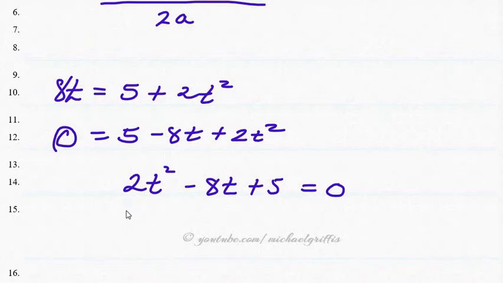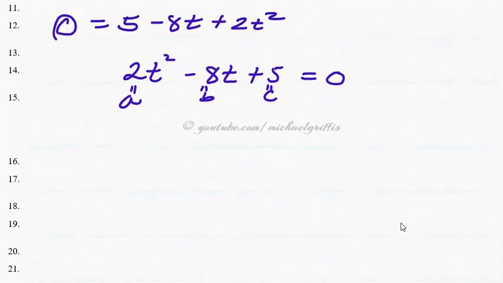We know that 2 is our A, negative 8 is our B, and 5 is our C. So now we can just plug it directly into the formula. Do you remember the formula? I brought it out of view, so you have to remember it now. We had negative out here, but B is negative 8, so remember to put parentheses around that.